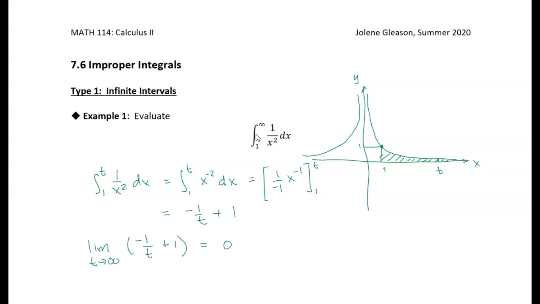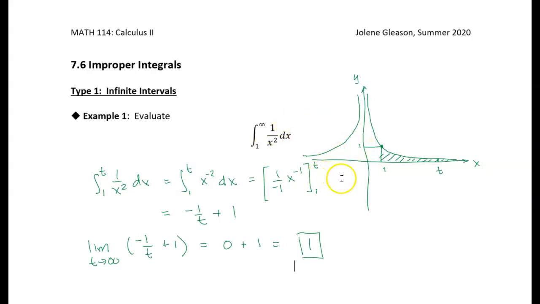And then the 1 stays as 1. So my answer is actually just 1. The area under this curve, 1 over x squared, from 1 to infinity is a finite value, and it's just 1. So that's essentially how improper integrals work.